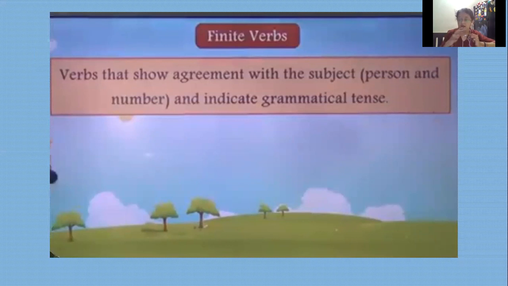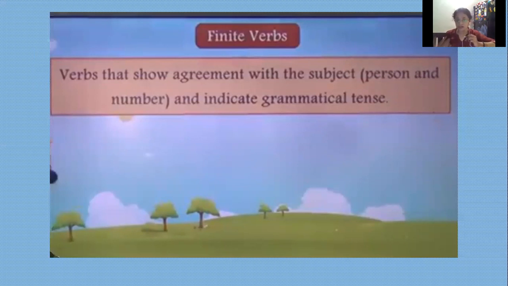If we use the future tense, it will change according to the future tense. If it is in the perfect tense, it will change according to the perfect tense. So it depends on the person and the tense. If the subject is singular, it will be a singular verb; if plural, a plural verb.